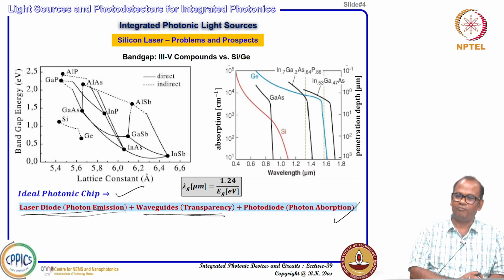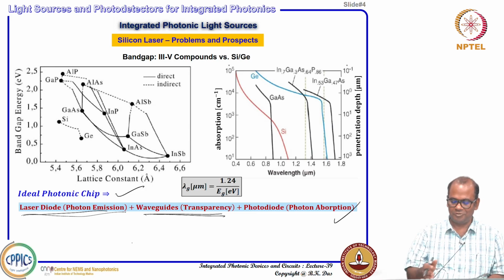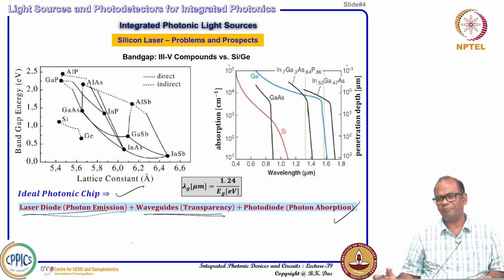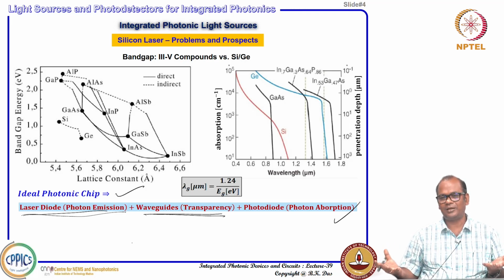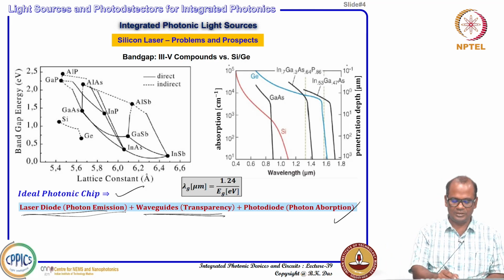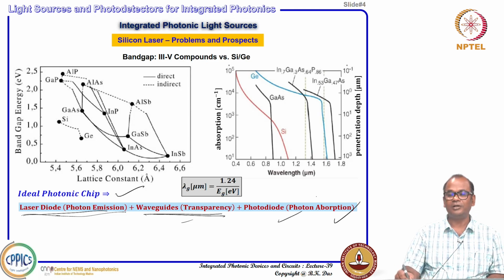So, for an ideal optoelectronic circuit where you want to integrate laser diode, photodiode, waveguides, modulator, etc., it is a very challenging task, which you can only solve by different types of technology. Physics is prohibiting the same material from simultaneously giving you laser diode, waveguiding and photodiode.